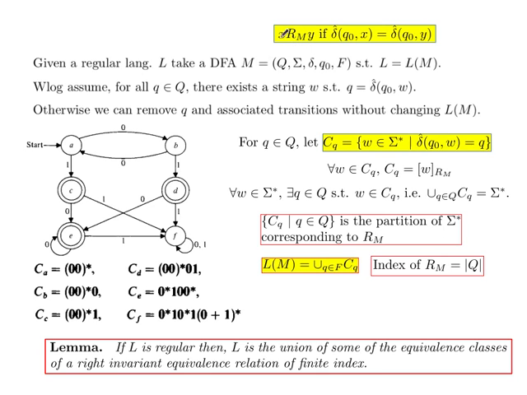So x is related to y in Rm if they lead to the same state starting from Q0. So what are the equivalence classes of this relation? What was the definition? The equivalence class of x is the set of all y that are related to x. That means the set of all y such that it leads to the same state as x, right?